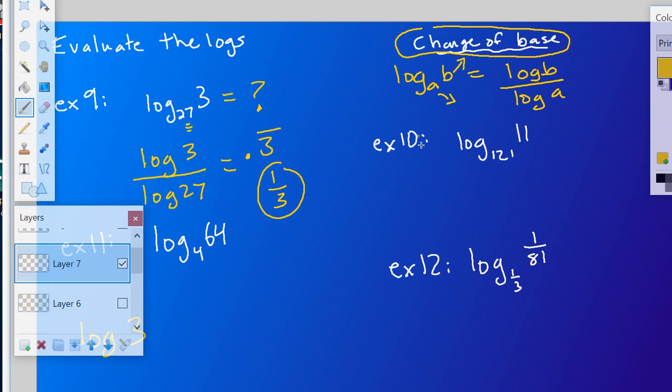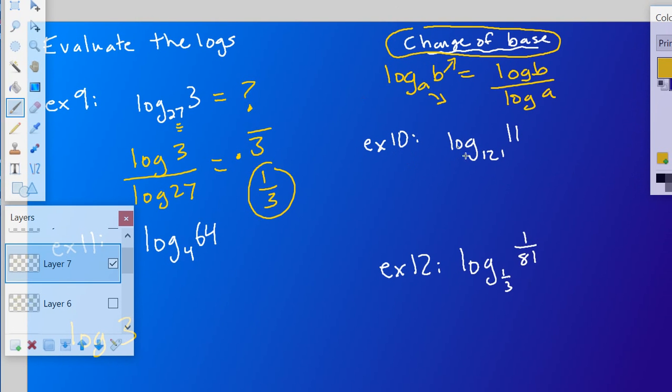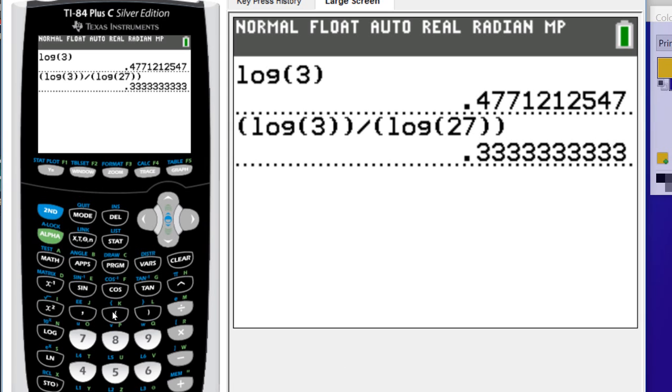Okay, let's take a look at this other one, log base 121 of 11. I'm going to write log of 11 on top and log of 121 on bottom. So I have log of 11 over log 121. So I'll type that in, and this time I'll do it in a different order.